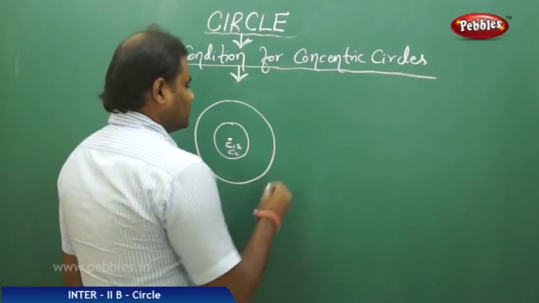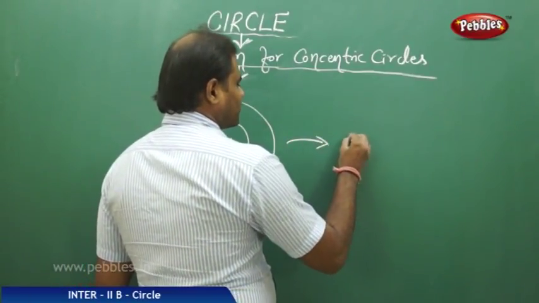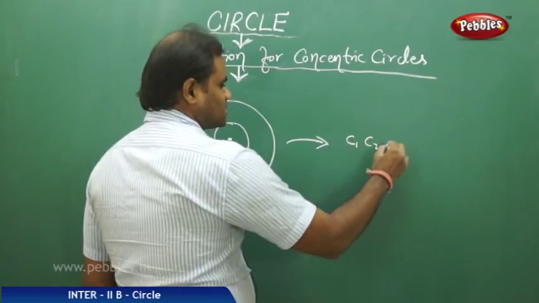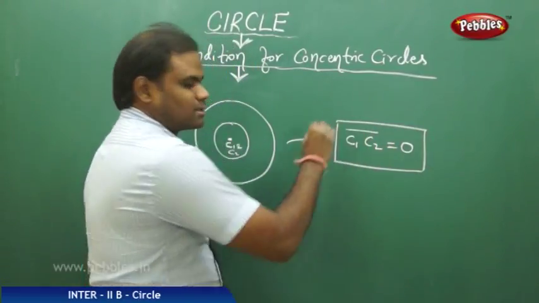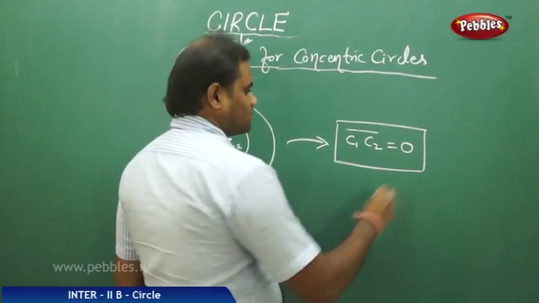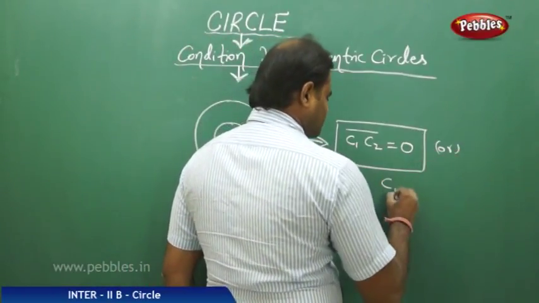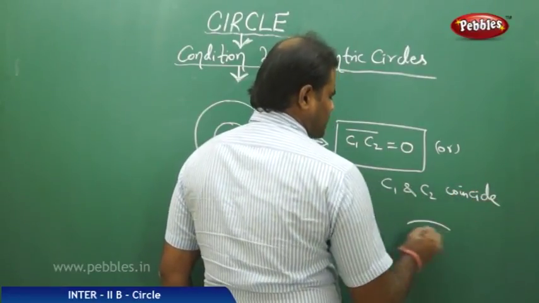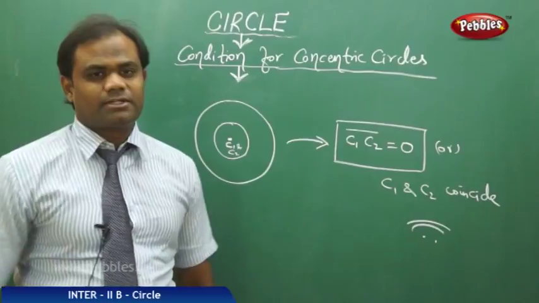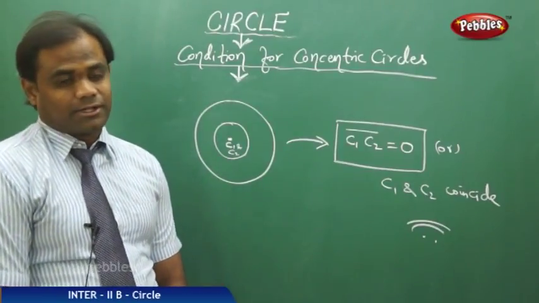Then for the two circles to be concentric, the distance between their centers is 0, or mathematically we say that the two centers coincide, or C1 and C2 coincide. This is how we understand the condition for concentric circles.